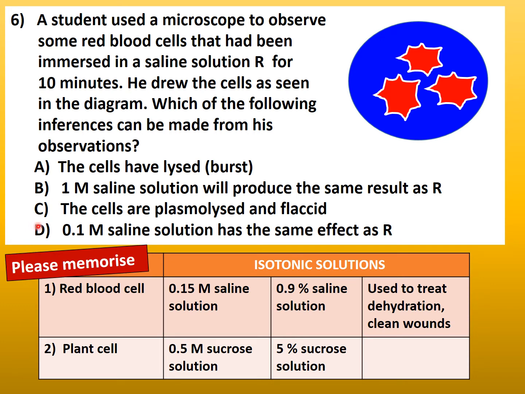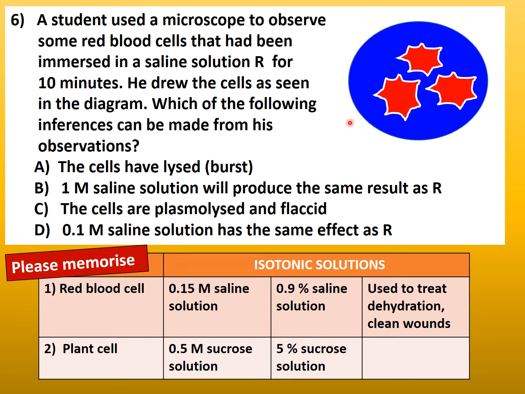Now, looking at the red blood cells, we can see that they form a star-shaped structure like this, and this shows that they have undergone crenation. Crenation happens when the red blood cell is immersed in a hypertonic solution, causing water to diffuse out by osmosis, and when the red blood cell loses water, it will shrink or shrivel.